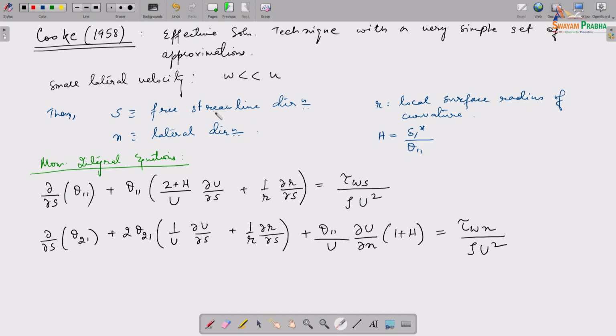So, the free streamline direction and the lateral direction. So, I am writing it out in that fashion. Okay. So, small cross flow approximation, three other integrals.